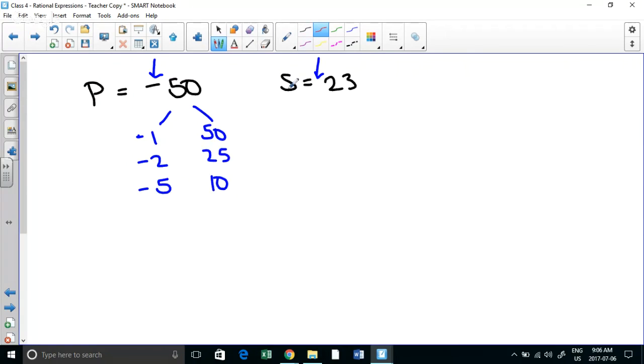And then I see which one of the pairs adds up to 23. Now when I split this, I'm going to split this as -2 and 25. Let's do another one.